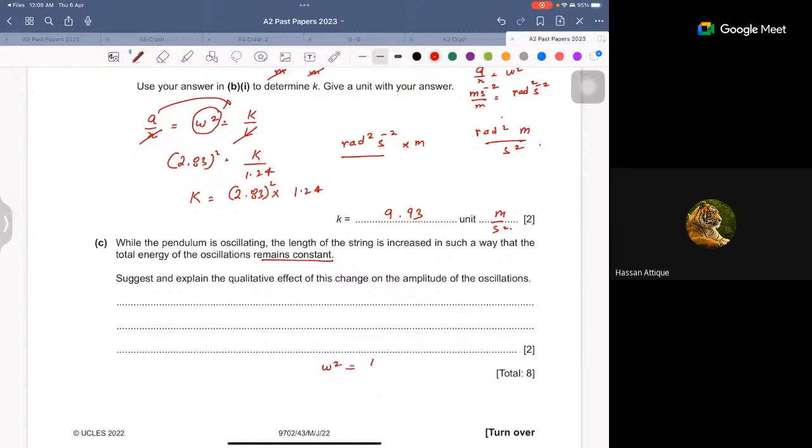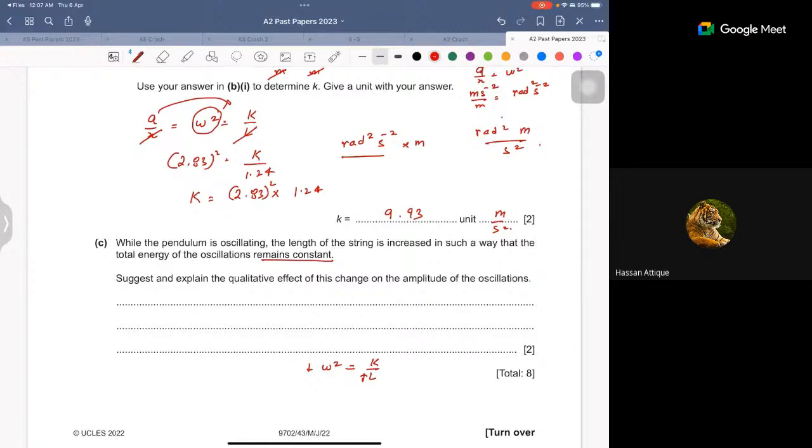Omega square was equal to k upon L. You increase the length, the omega is going to decrease. And you have to keep the total energy constant.